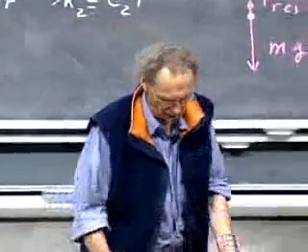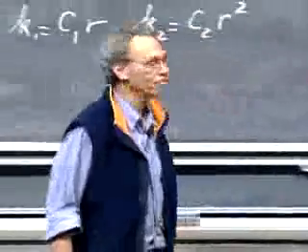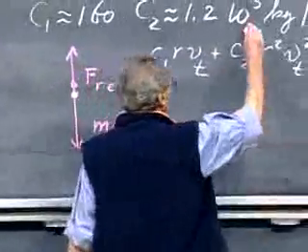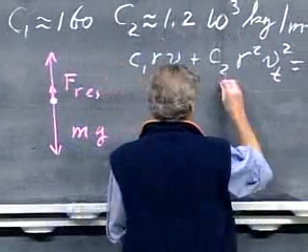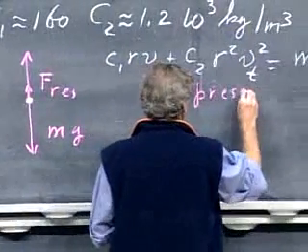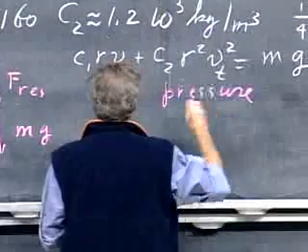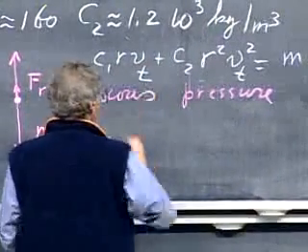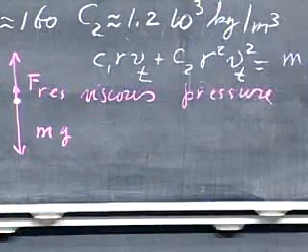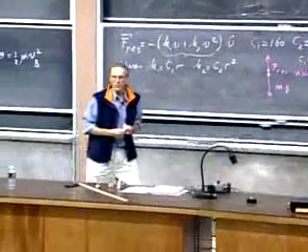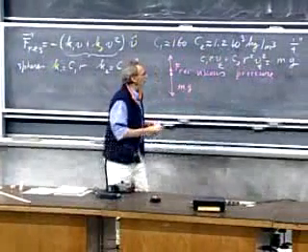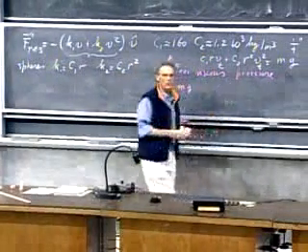But if you did that, that would be a silly thing to do. And the reason why that would be silly is that I claim that this term, which by the way we call the pressure term, can be completely ignored compared to this term, which we call the viscous term. How do we know that the pressure term can be ignored? Well, let's first ask the question, when is the viscous term and the pressure term the same?